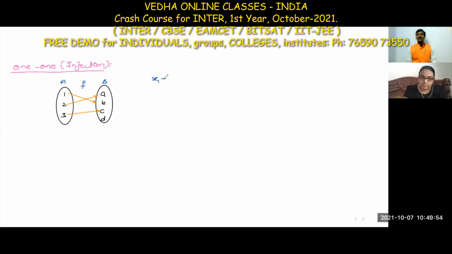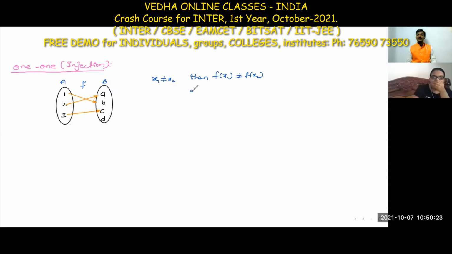If x1 is not equal to x2, distinct images. We can consider 1 as x1 and 2 as x2, two different elements, variables. If x1 is not equal to x2, then f of x1 is not equal to f of x2. Distinct elements, distinct images. It is a one-to-one function.